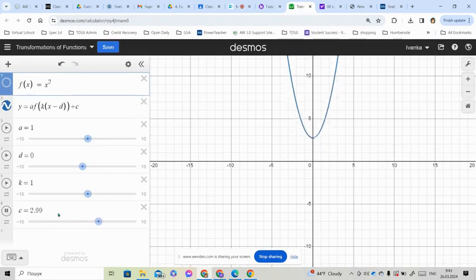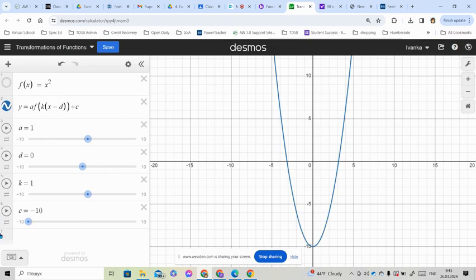So when I have a C of positive 10, like x squared plus 10, the vertex goes up to 10. And when I have a C value of negative 10, okay, my vertex goes to negative 10, right? So which letter used to represent the vertical translation? The K. Okay, so this is just the K.